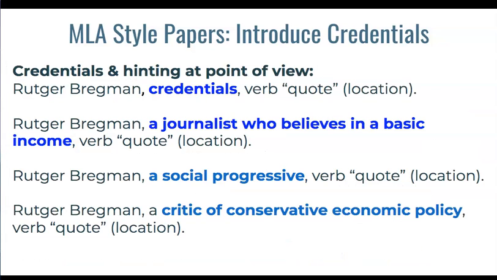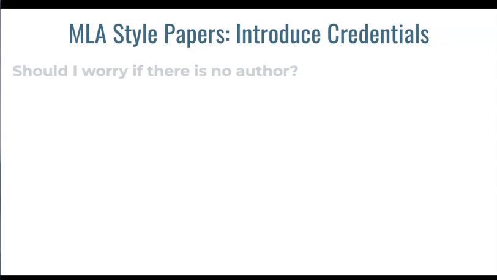So what I could do is I could just go ahead and include that in the credentials. So I could say something like, he's a journalist who believes in basic income, or that he's a social progressive, or that he's a critic of conservative economic policy. And here what I'm doing is I'm just letting you know that as a writer, I know this person has a particular point of view and falls into a certain camp of thinking, and that can be really nice.